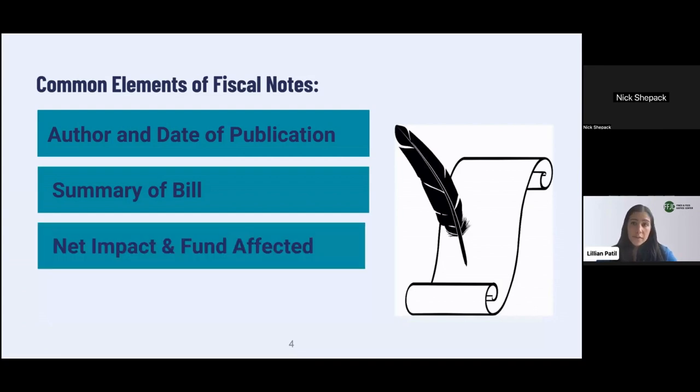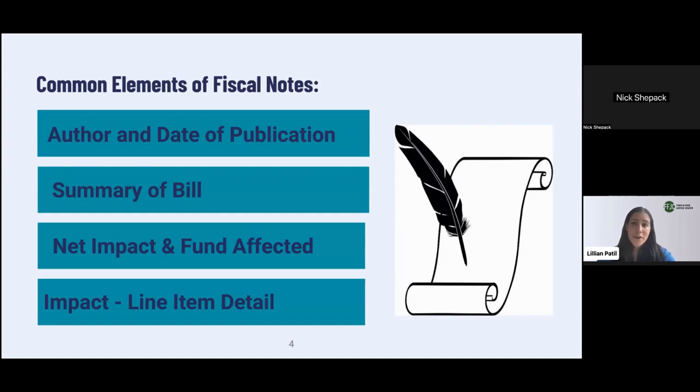And then hopefully right at the front of the fiscal note, there will be some sort of table or paragraph that tells you about the net overall impact that the government expects to see in terms of revenue and expenditure changes as a result of implementing this legislation, and what funds or what areas of the government and what agencies would be affected by that change.